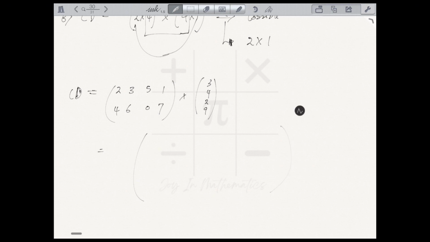But this multiplication is going to be long. So we have row 1 column 1, and likewise row 2 column 1.